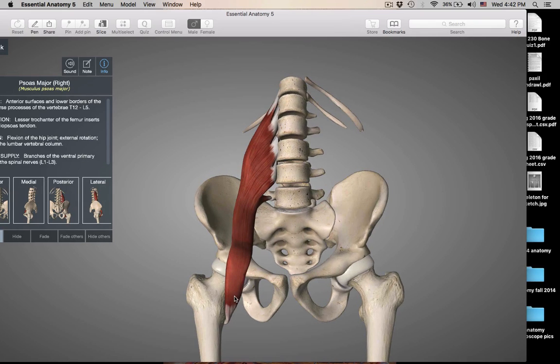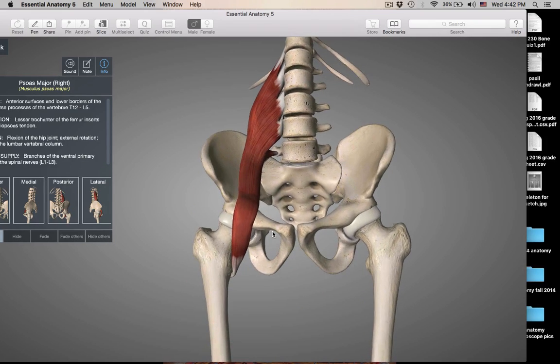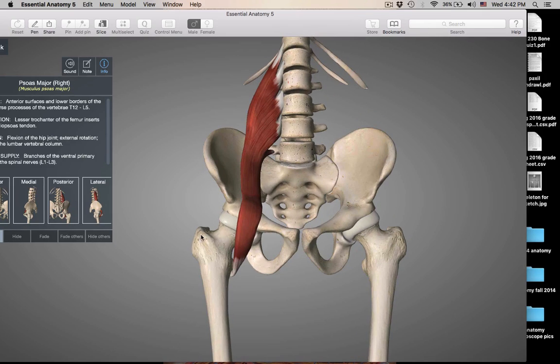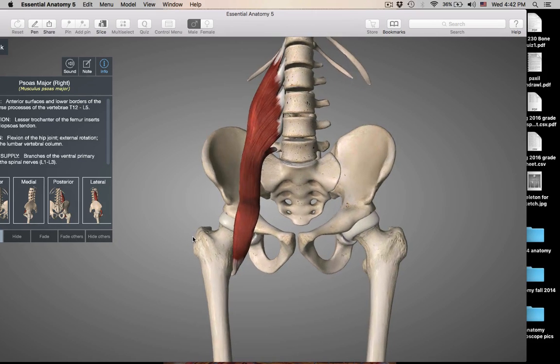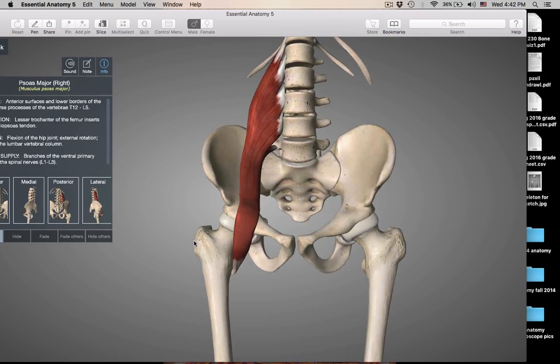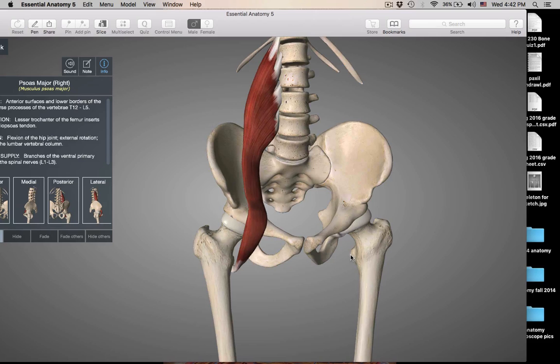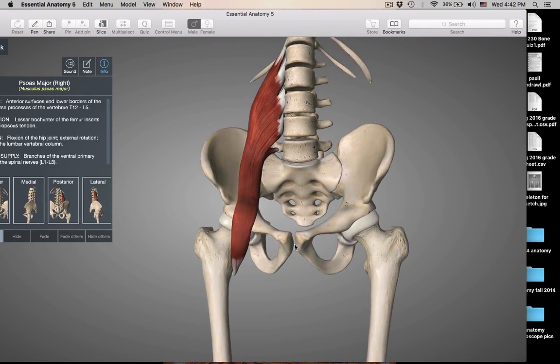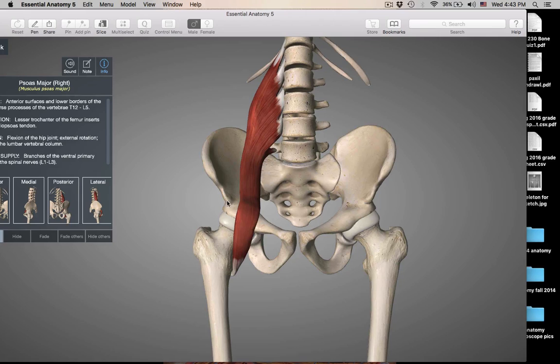The insertion: remember, this was your greater trochanter, and the lesser trochanter is right here. You can see the lesser trochanter better on this side. And there's going to be a ligament here. We'll show you this in class and on our cadavers. This is the inguinal ligament.